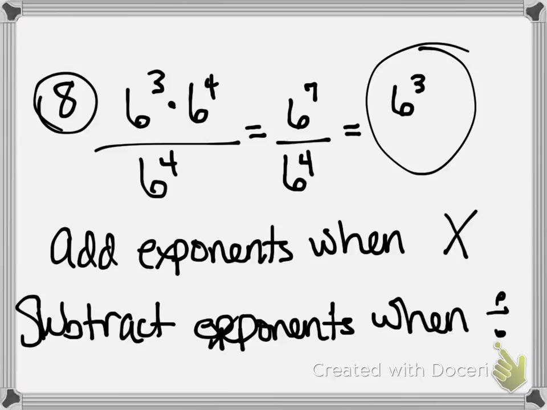Okay, now we've covered multiplying with the same base and dividing with the same base and the exponent powers. But what about when we have something like this? If we have 2 to the 3rd power and we're squaring that entire quantity, that's a little different.